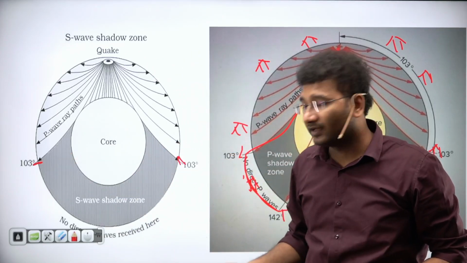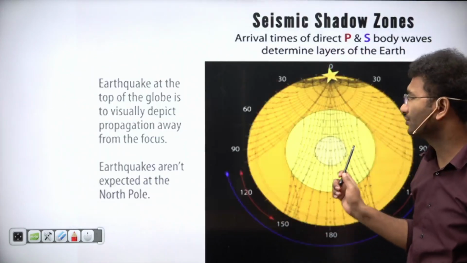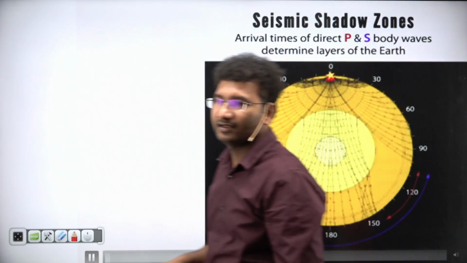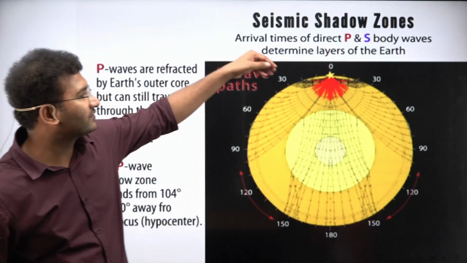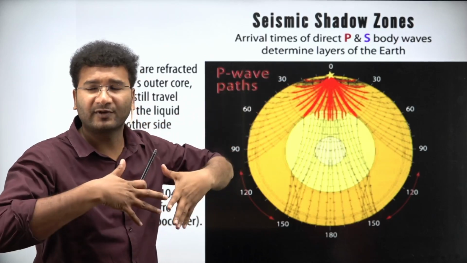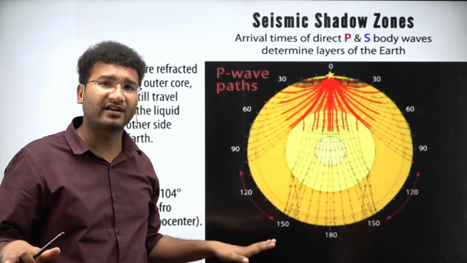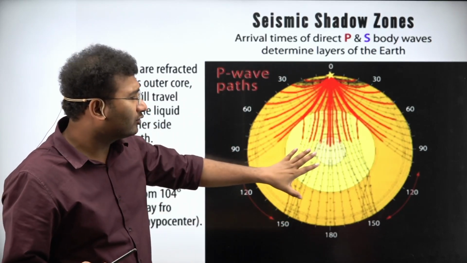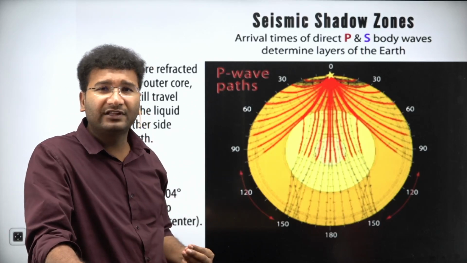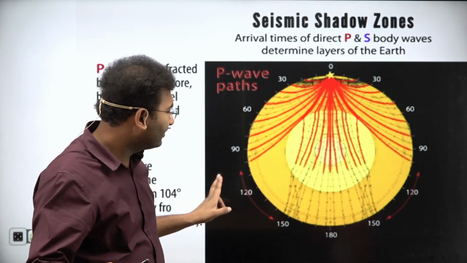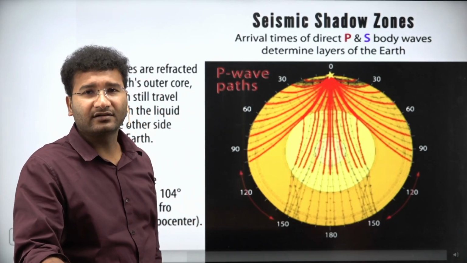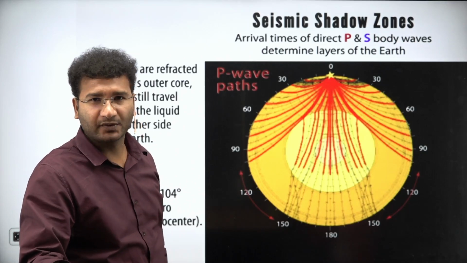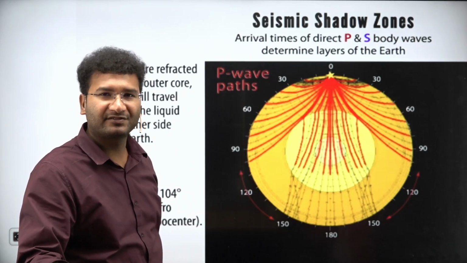Why? Let me try to show you. Try to watch this. Imagine these are P waves. Whenever an earthquake is generated, it moves across the earth in all directions. Now we got to learn that there is a liquid layer within the interior of the earth, and this liquid layer will not let the S waves pass through, but it will let the P waves pass through.